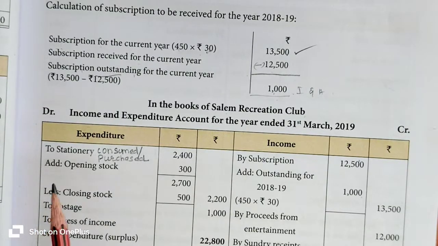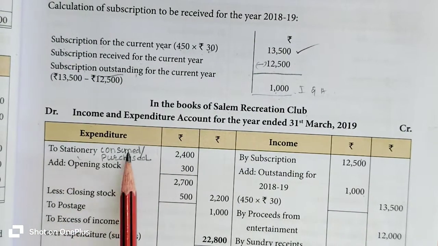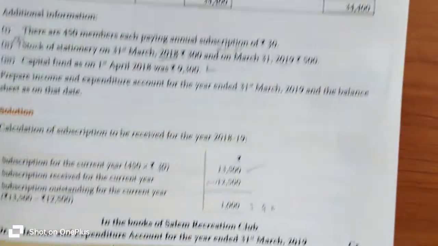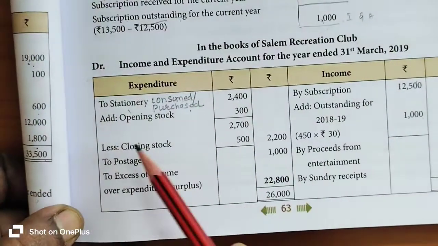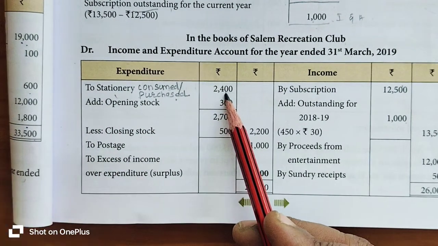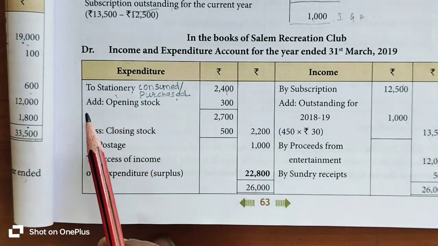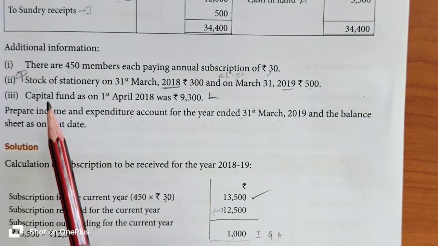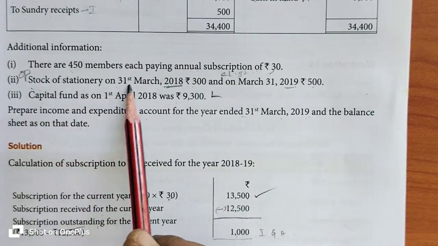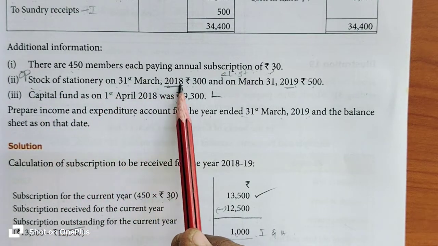So let's start with the heading, to stationery consumed or purchased. They have given stationery purchases 2,400 rupees, so we enter it. Then as per the format, we add the opening stock 300 rupees, given in the additional information as the opening stock of stationery on 31st March 2018.